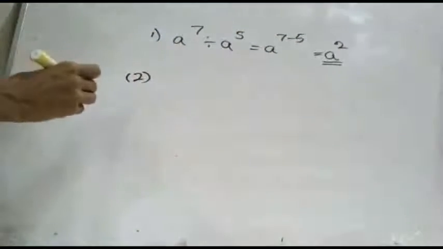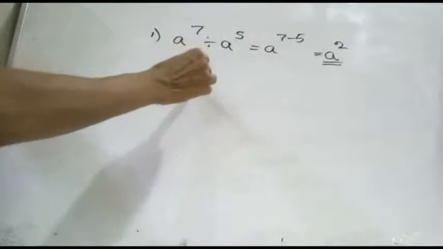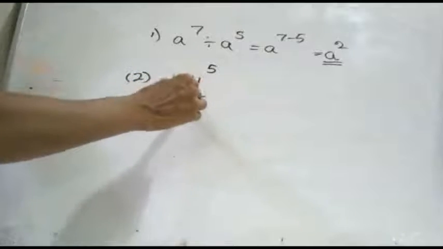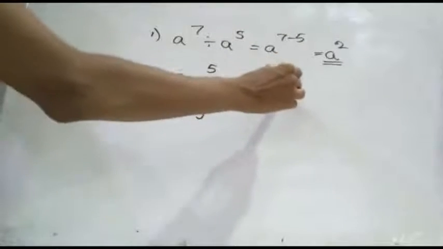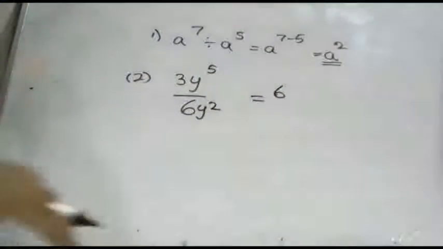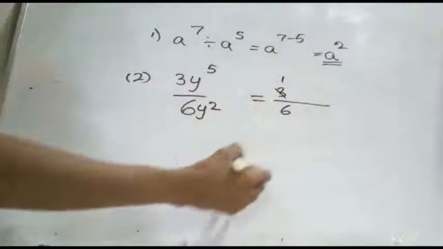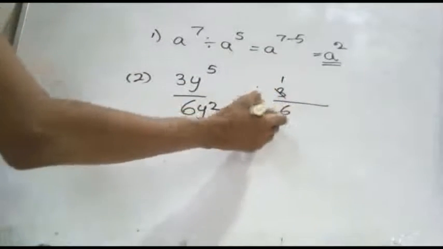Second one. 3y to the power 5 is divided by 6y to the power 2. 3 is divided by 6. 3 is a common factor of 3 and 6.